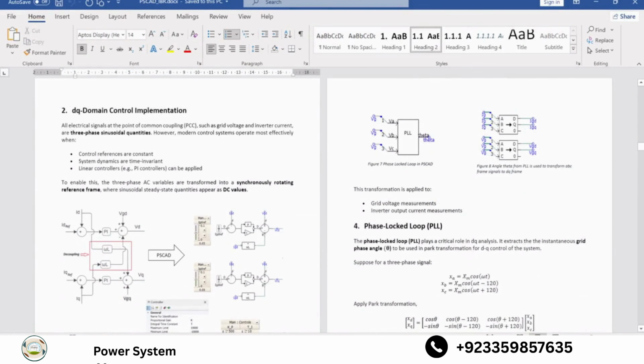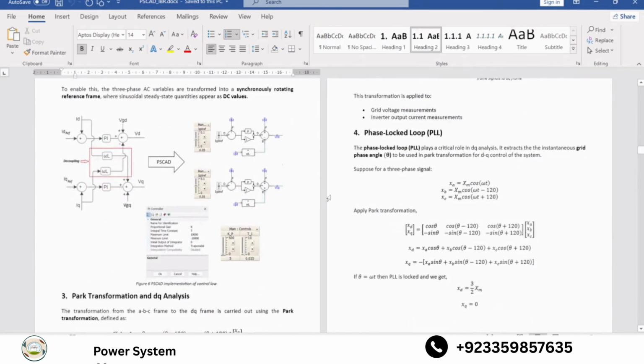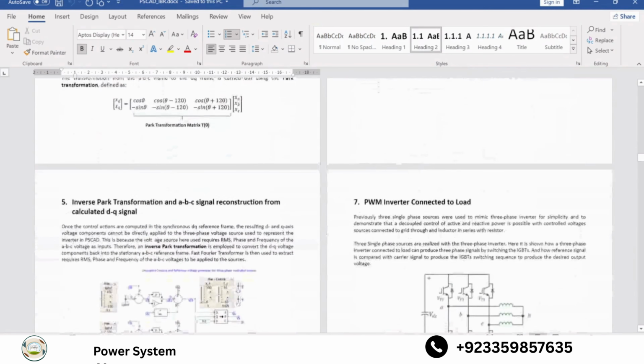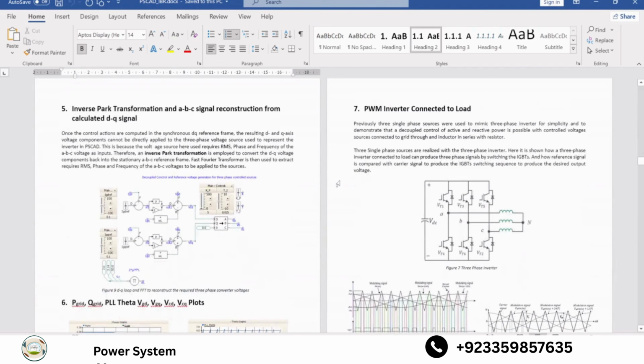So we will be looking at how the PLL works. Actually, this is now a little bit advanced, and this is just an introductory video, so I do not want to get into this because I don't think anyone would get it. After that, we will be looking at the inverter itself, what the behavior of the inverter is, how it introduces complexity into our design, and how to deal with that.